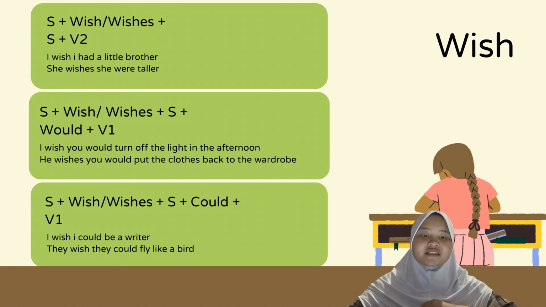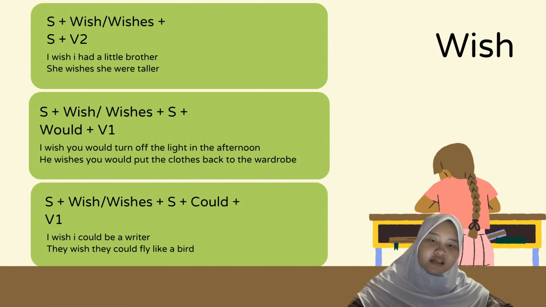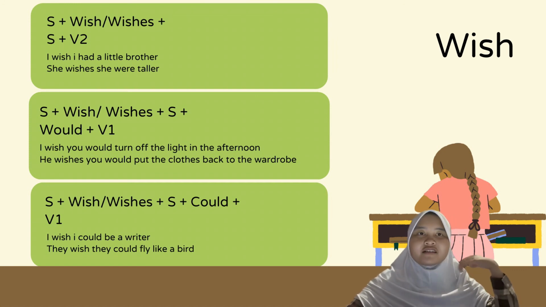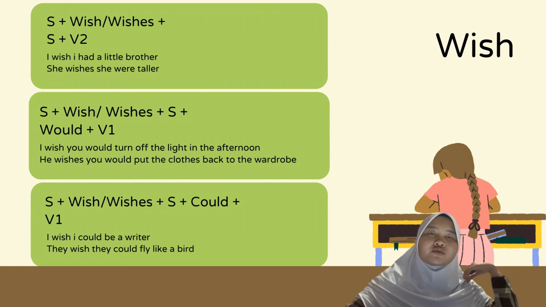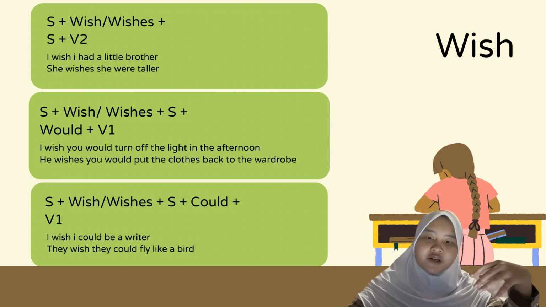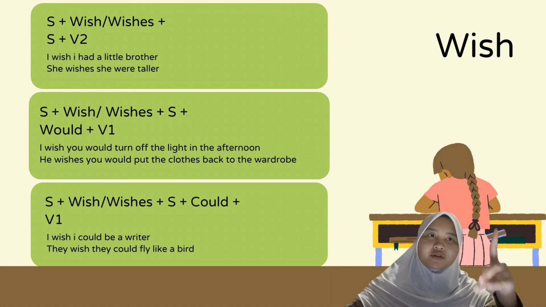The second sentence example is: he wishes you will put the clothes back to the wardrobe. He is the subject, and we use wishes because the subject is he, and the subject you is referring to someone, because he complains about someone's behavior, followed by would, and then verb 1, put.